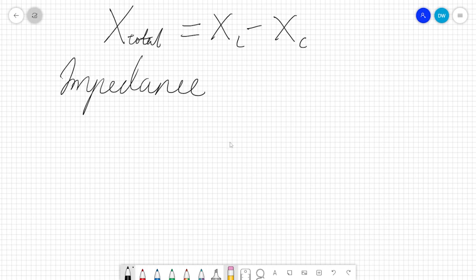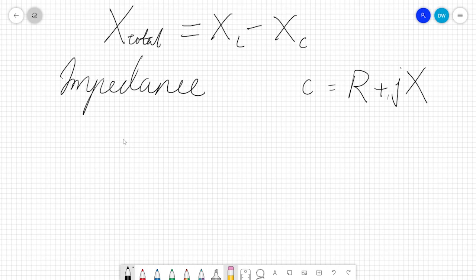So you end up with a situation where the total impedance is expressed as a complex quantity, where the resistance forms the real part, and the reactance forms the imaginary part.